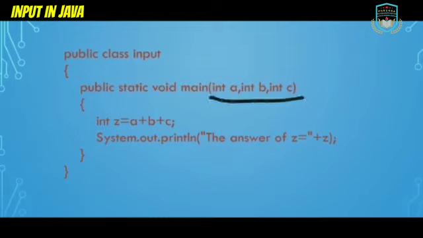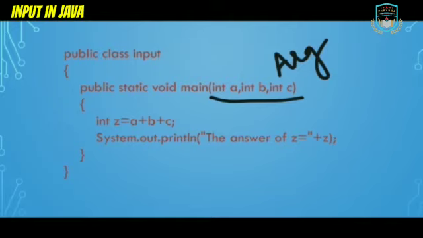If you are giving arguments, the items inside these brackets are termed arguments. These arguments are also called parameters. So this type of arguments in the main method comes under function arguments.